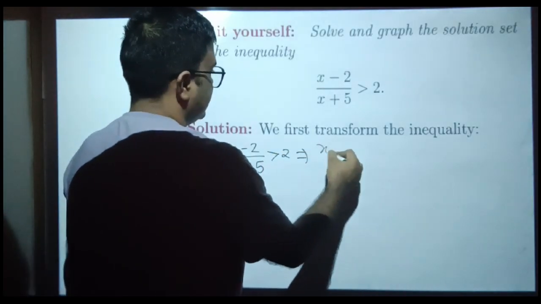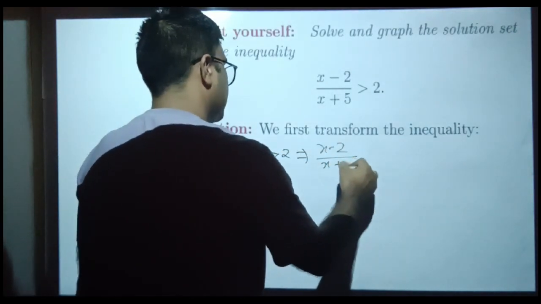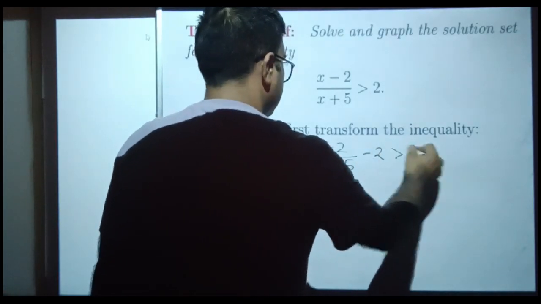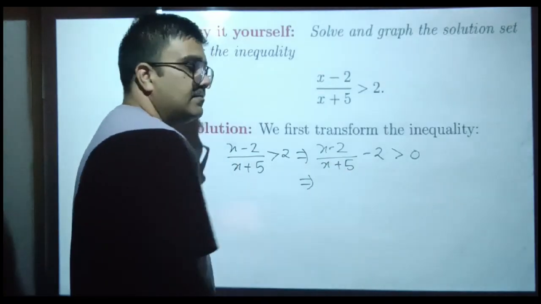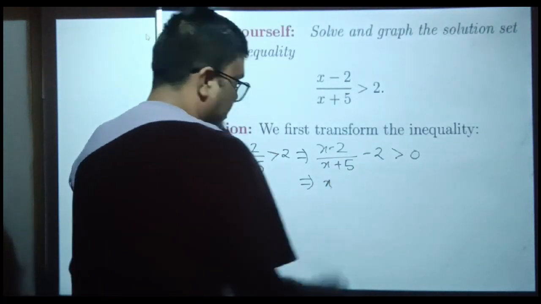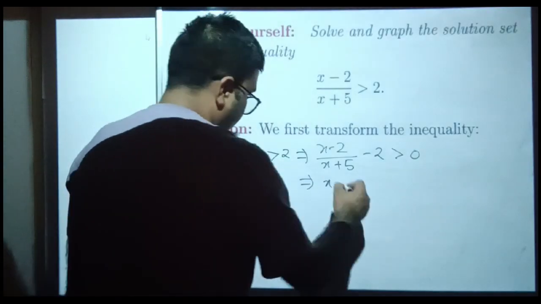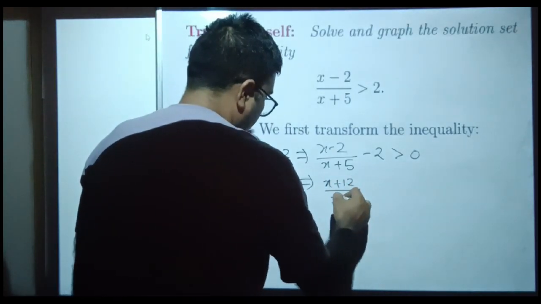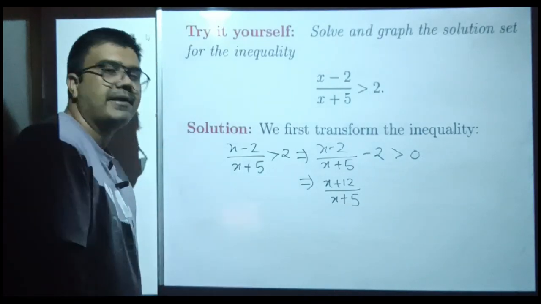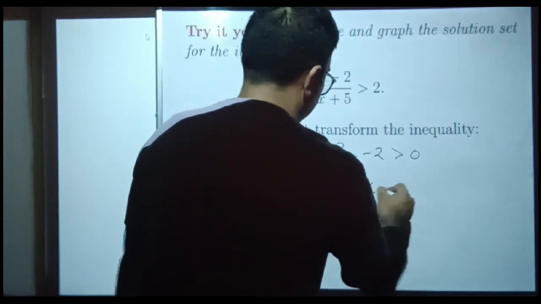This implies x minus 2 over x plus 5 minus 2 is greater than 0. Take the LCM and solve this value. You will obtain x plus 12 over x plus 5. Try to solve this and obtain this answer, and this value is less than 0.